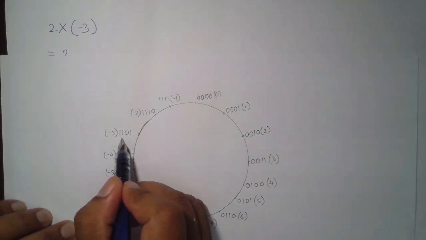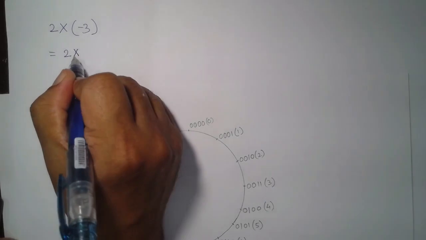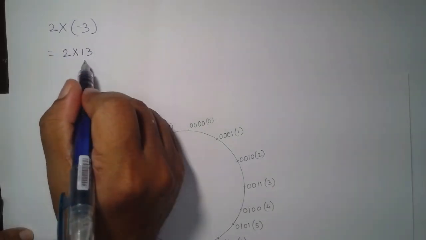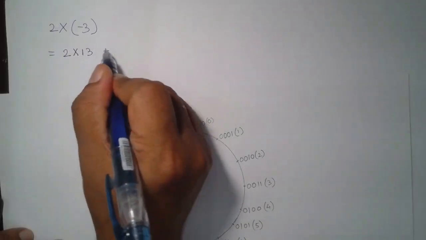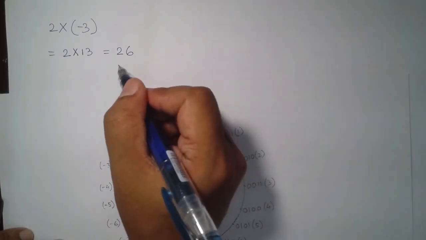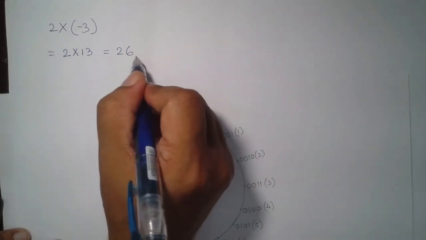So 1101 is nothing but 8 plus 4, 12 plus 1, 13, right? So 2 multiplied by 13. So the binary representation of minus 3 is 13, and the answer is 26, right? You can do the multiplication and check that 2 multiplied by 13 will give you 26.